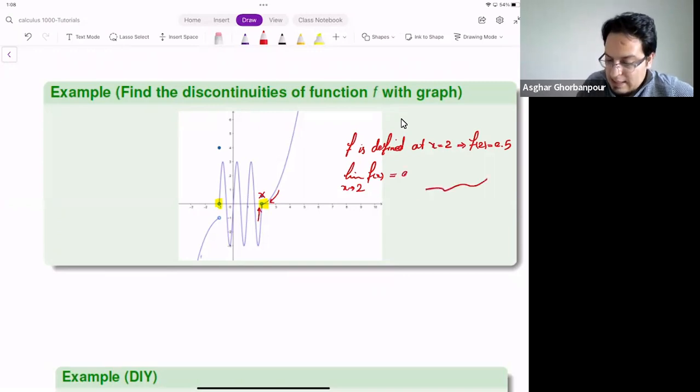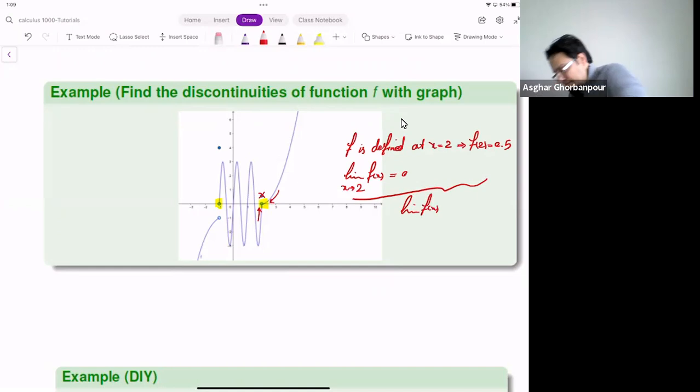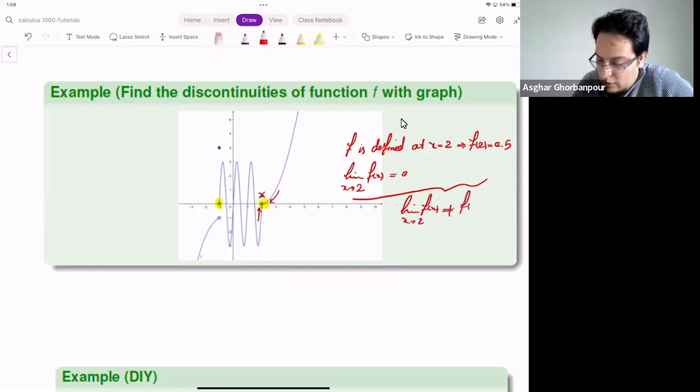The limit exists, the value of the function is defined at that point, but the limit is not equal to the value of the function at that point. So f is not continuous at this point, at 2.